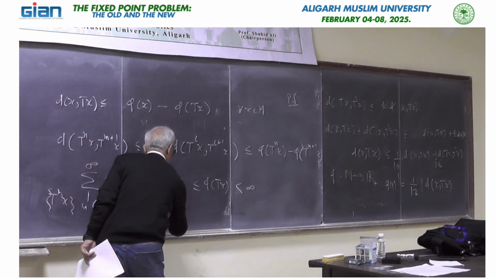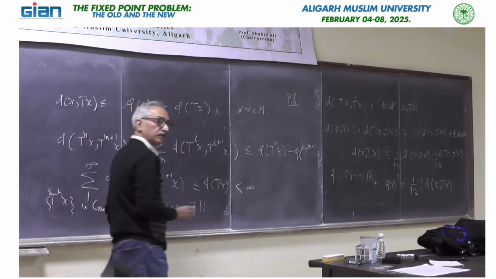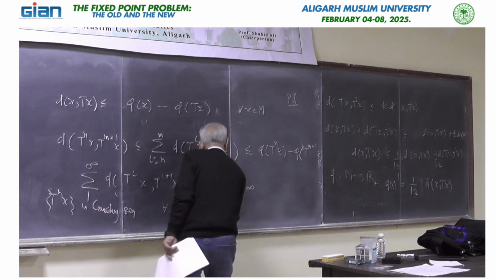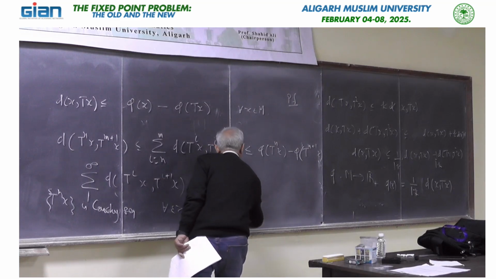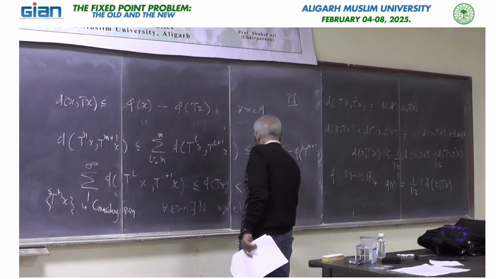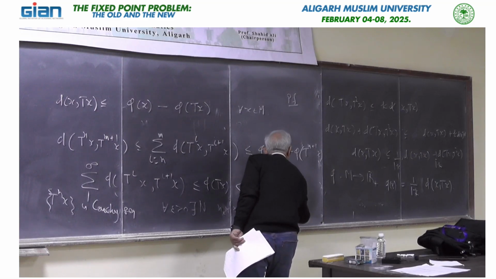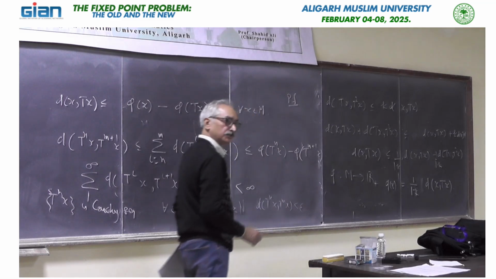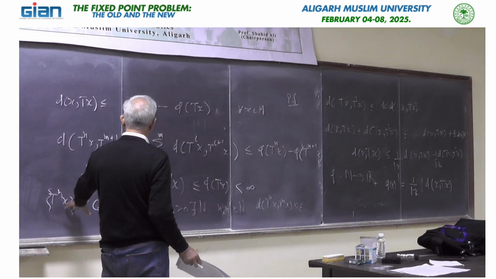That for every epsilon greater than 0, there exists some index capital N such that for n, m greater than or equal to this capital N, this d(T^n x, T^m x) is less than epsilon. That is what you need to show in order to show that this is a Cauchy sequence.